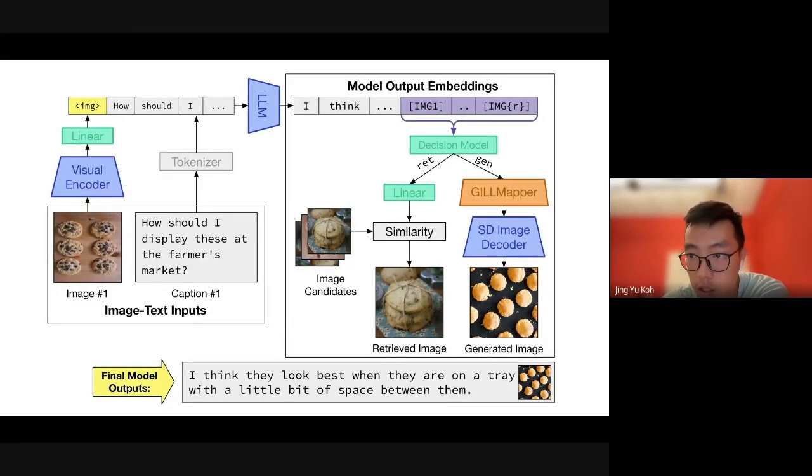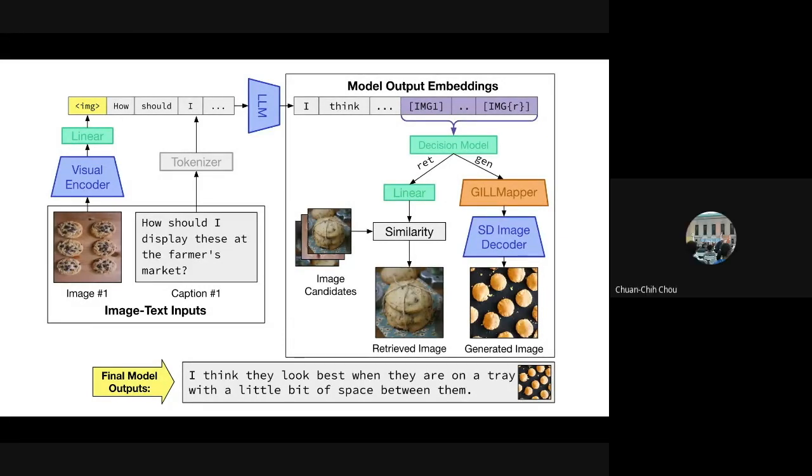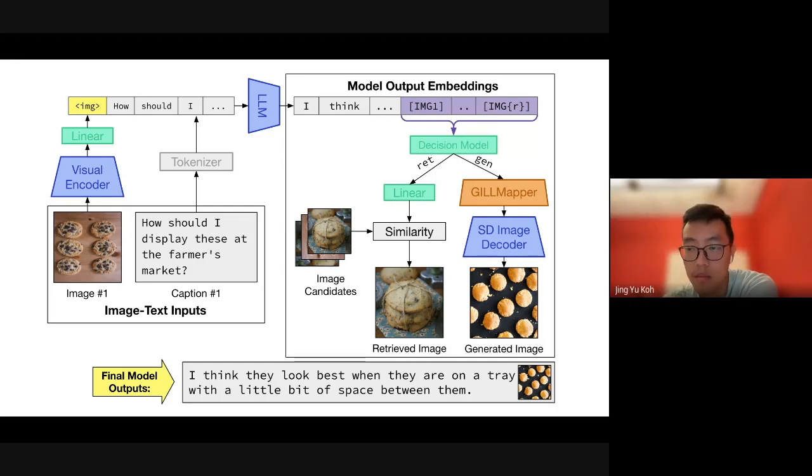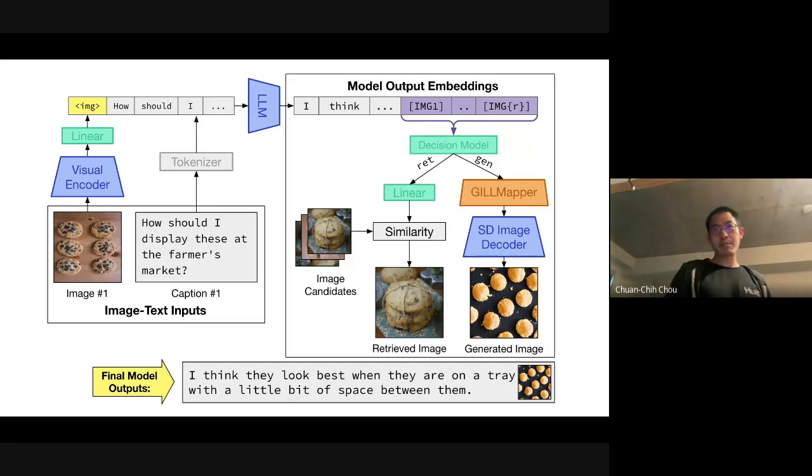Yes, another question. Yeah, so here you basically have two branches of the model that are not related to each other other than the input. So I just wonder if there's a way to merge them.